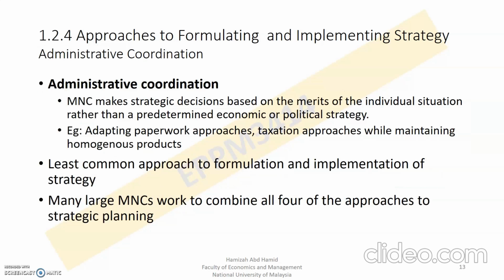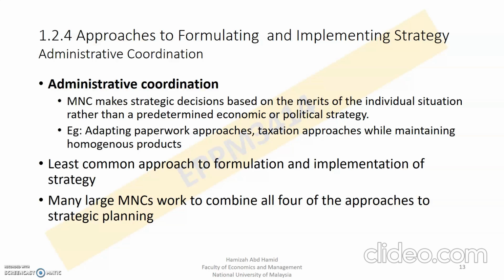One of the branches of the quality imperative is administrative coordination. This is when a multinational company makes strategic decisions based on the merits of the individual situation rather than a predetermined economic or political strategy.